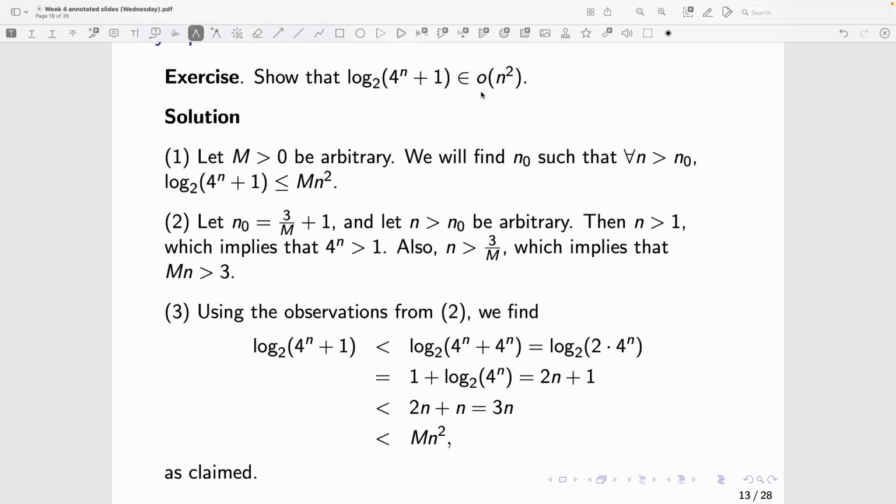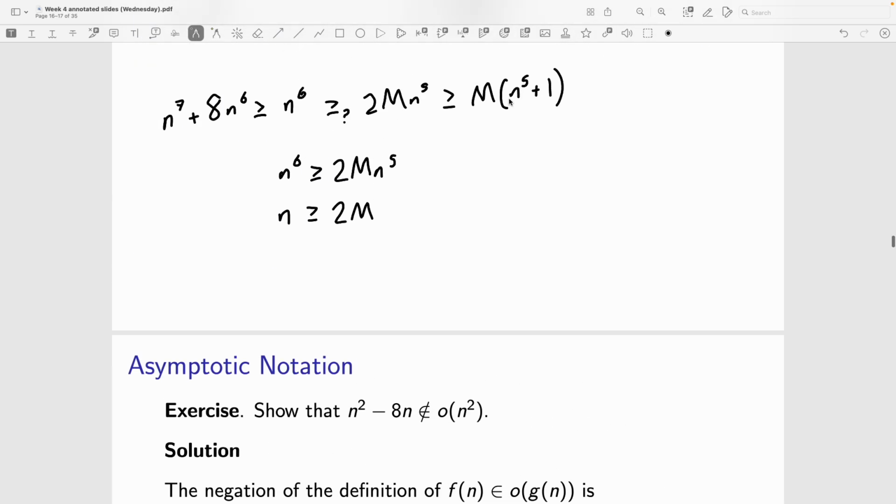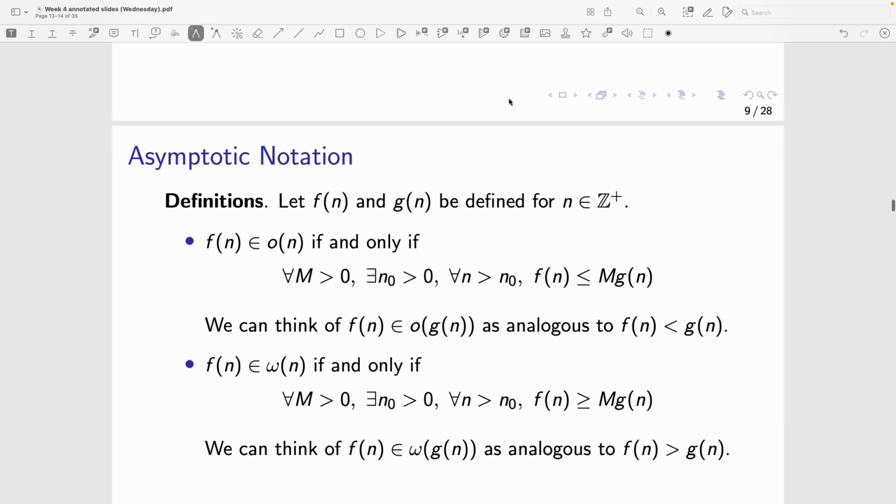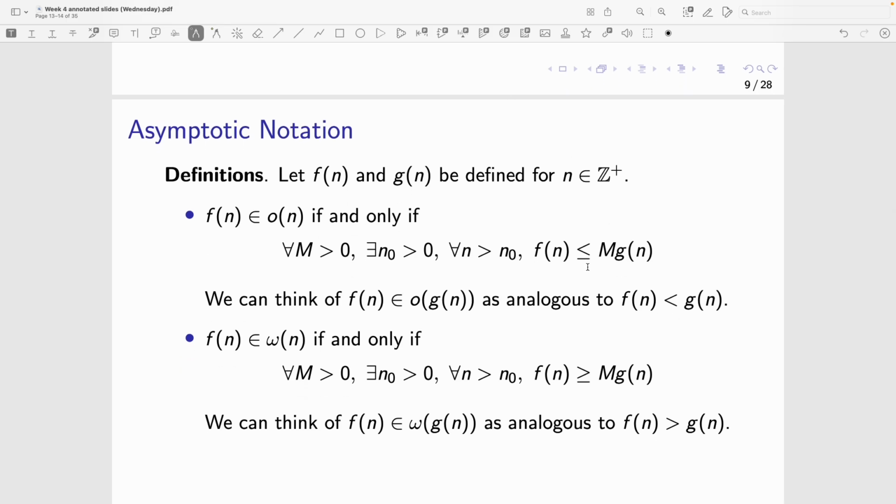Little o is like being strictly less than. Log 2 of 4 to the n plus 1 grows a lot more slowly than n squared, but the definition of it still actually uses less than or equal to.